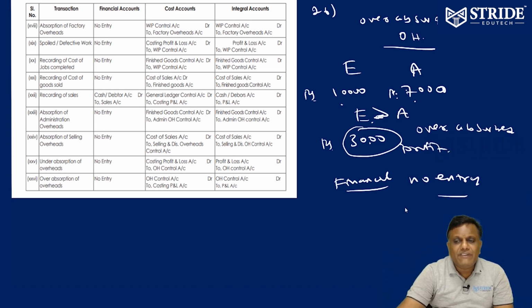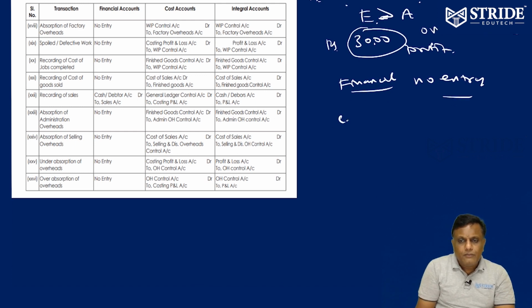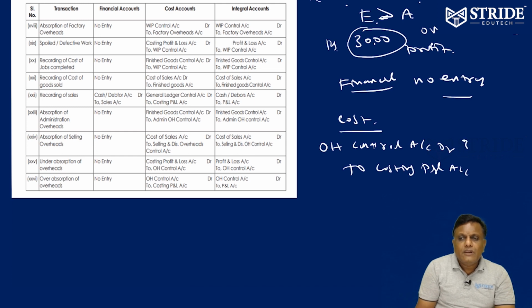There is no entry in financial books. But in cost books, overhead control account debit to costing P&L account. So in my example, the profit of 3,000. Overhead control to costing P&L account is a profit.